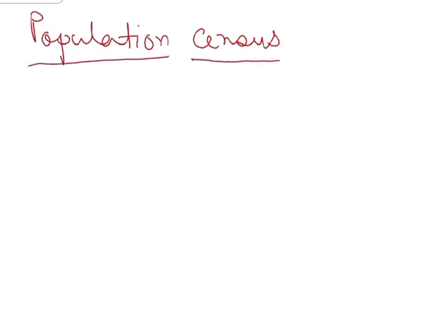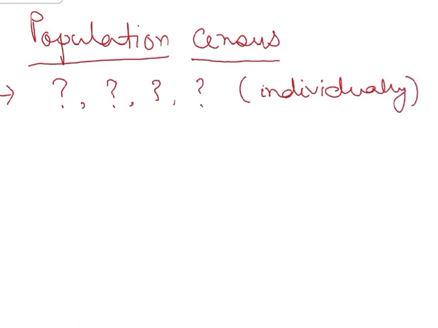A representative from the government comes to your home and collects data regarding how many people are there at your home, how many are above 18, how many are minors, that means less than 18, how many are seniors at more than 60, and they collect all this data individually. So population census is an example of primary data.